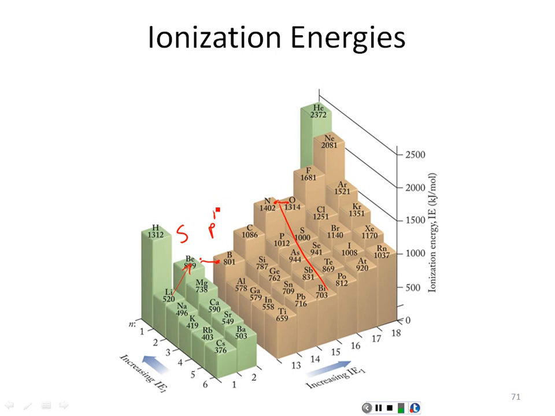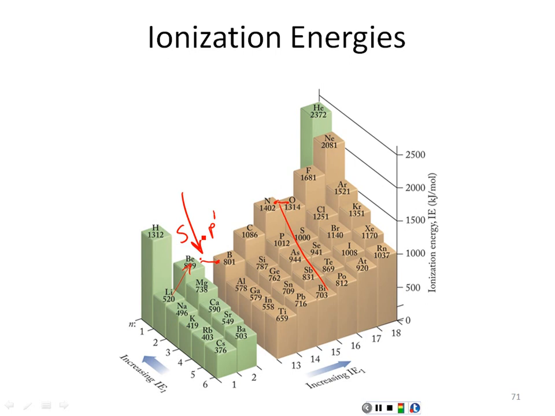So if you have two s electrons, it's much harder to remove one of those than it is to remove that extra p electron. So you have to remember the exceptions to the general trend occur between the S block and the P block. And that would be this transition here.